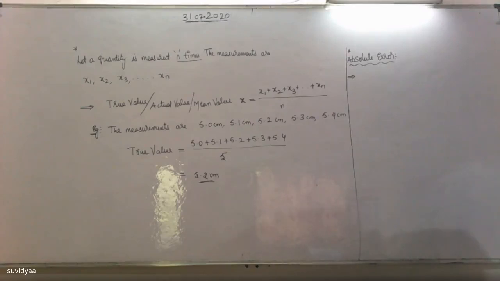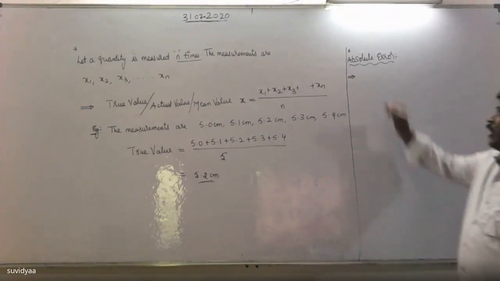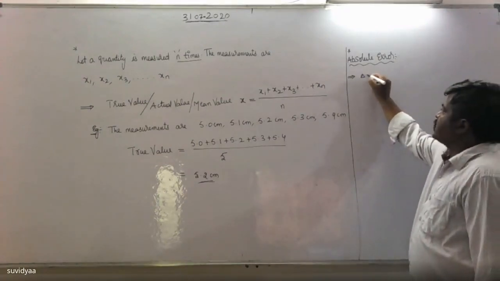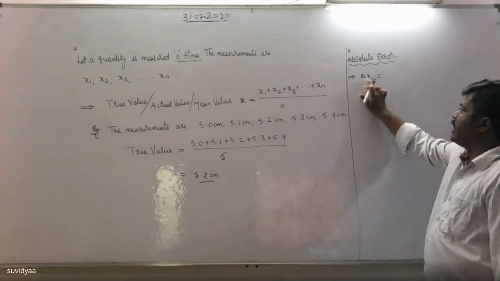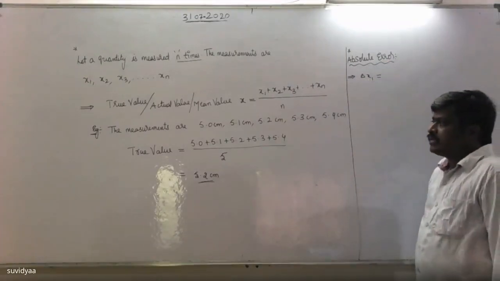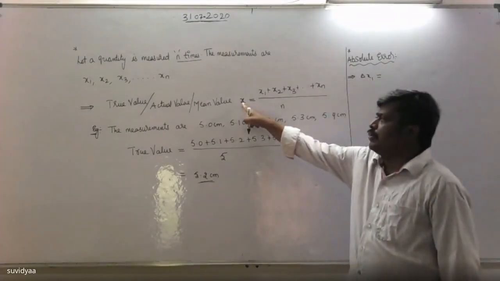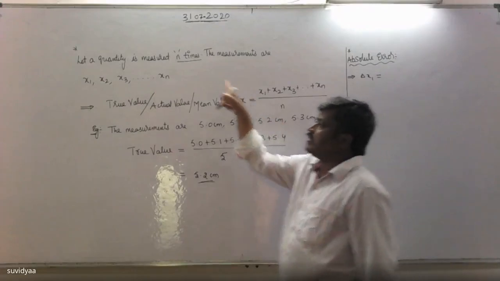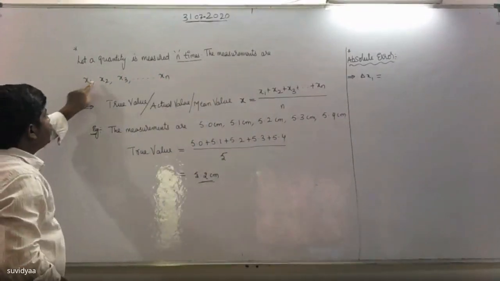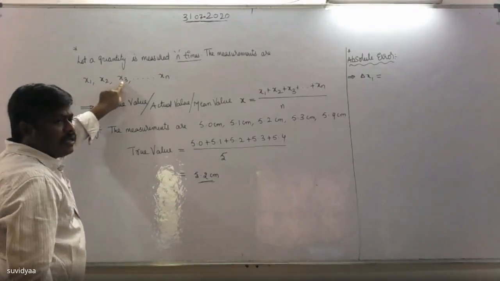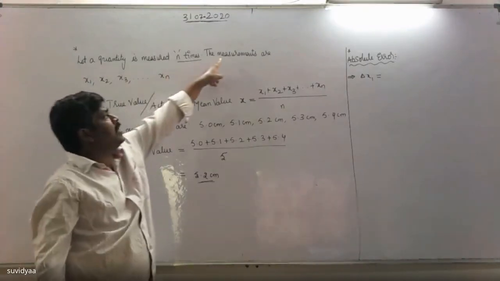Absolute error means simple. What you have to do is, delta x1 is equal to absolute error delta x1. How to get it? Simple. True value minus measured value. What are these measured values? These are all measurements.